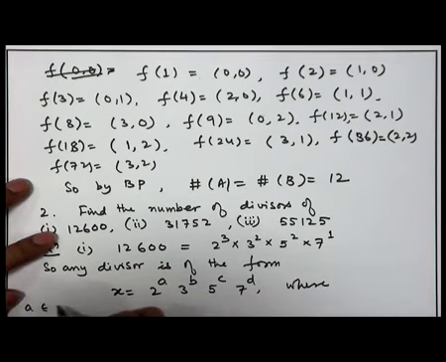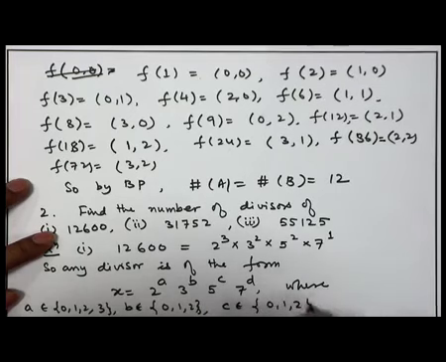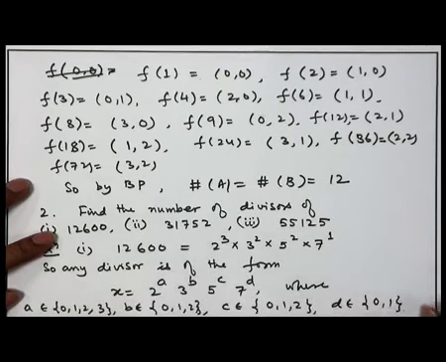A can be any number 0, 1, 2, 3, B can be any number 0, 1, 2, C can be any number 0, 1, 2 and D can be any number 0, 1.